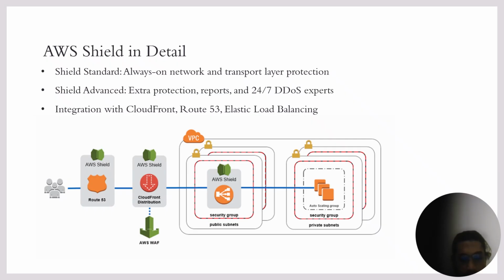For critical or large-scale applications, Shield Advanced offers deeper protection, cost protection for scaling during attacks, and 24/7 help from the AWS DDoS Response Team, who can guide you in real time during incidents. So AWS Shield is like a defense force that stays on the borderline and protects your country.